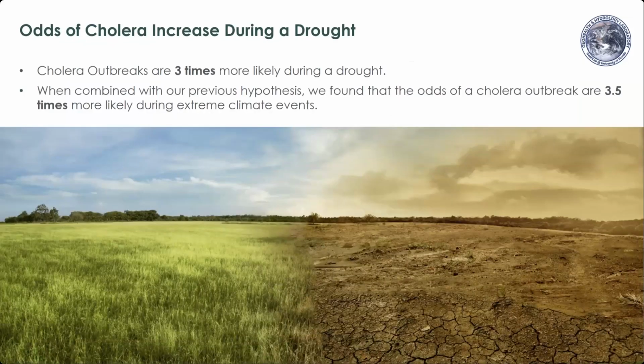In fact, what we found is that cholera outbreaks are about 3 times more likely during a drought. In specifically drought-prone regions of Africa, when we combine this idea of drought with our hypothesis, we found that even in these most drought-prone regions, it's about 3.5 times more likely that a cholera outbreak will occur during these extreme climate events.